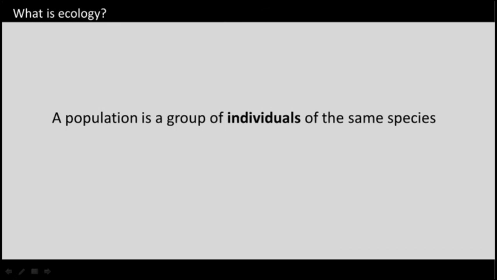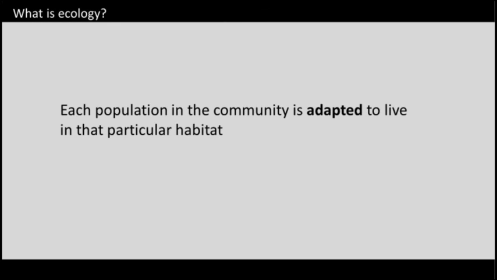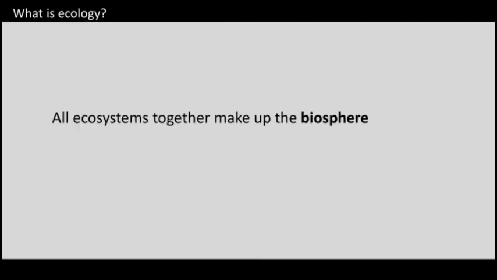For instance, a woodland community might have a population of ground beetles, a population of bluebells, and a population of beech trees. Each population in the community is adapted to live in that particular habitat. There is a great variety of different ecosystems. They are found both on land and in water. All ecosystems together make up the biosphere.